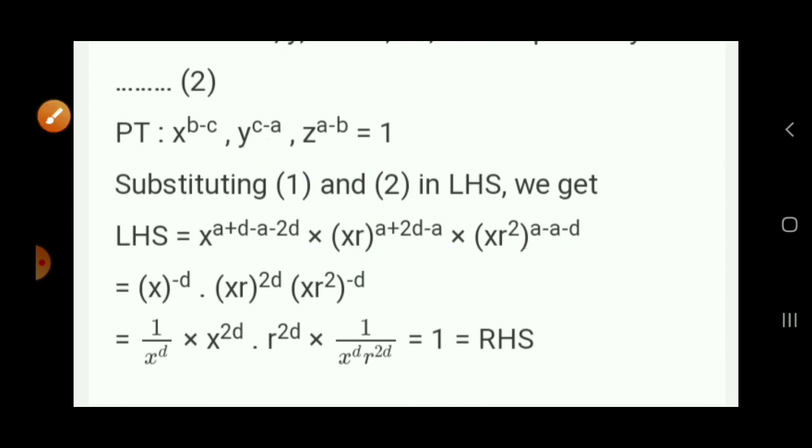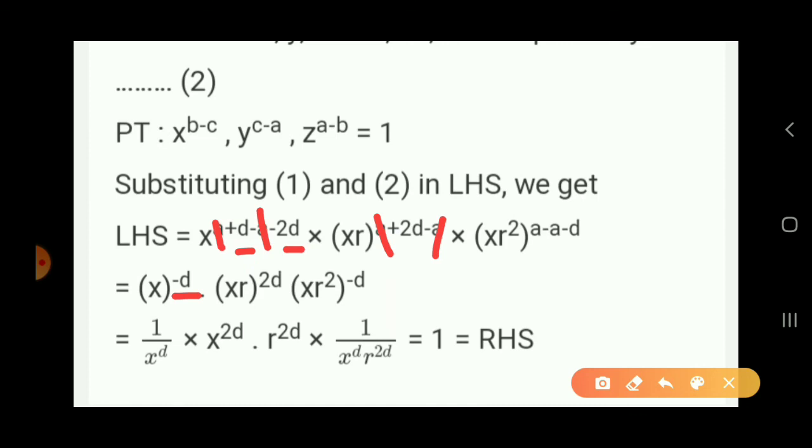So now use this. The plus a and minus a cancel, so remaining d minus 2d, so minus d. Also plus a minus a, so remaining 2d. Here, minus a plus a, so minus d. So now minus any power means you can use 1 by x power d.